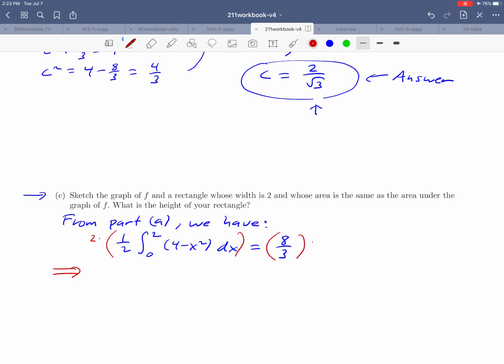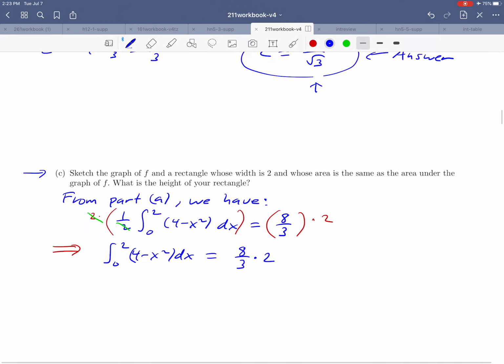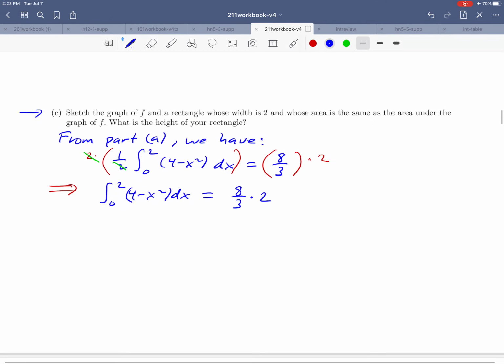We can do that as long as we do the same thing to both sides. And what that's going to do is cancel the 2 out in the bottom here and just give us the integral on the left-hand side. And over on the right-hand side, we're going to get 8/3 times 2. I'm going to deliberately leave that unsimplified.